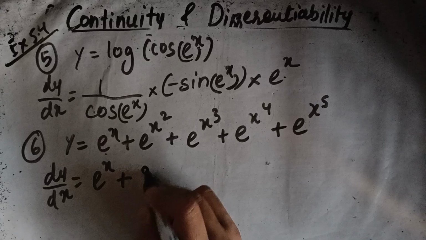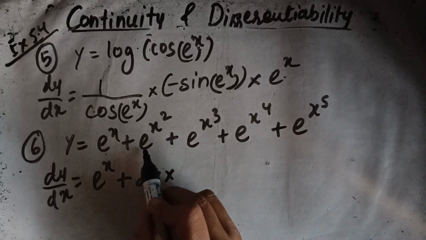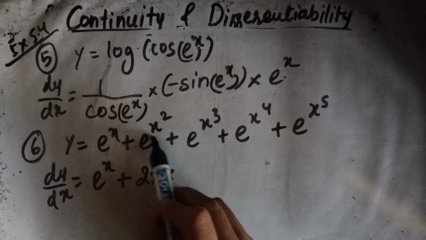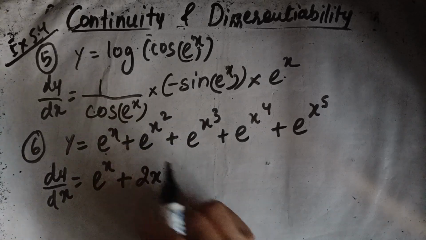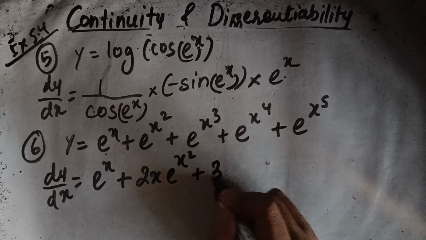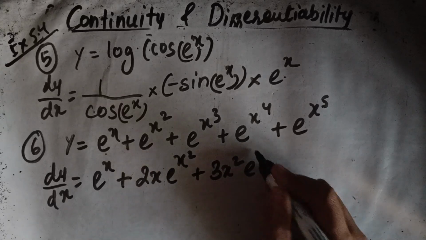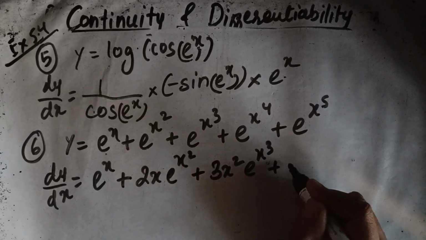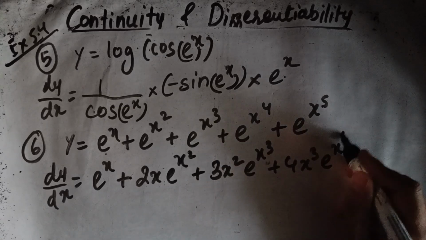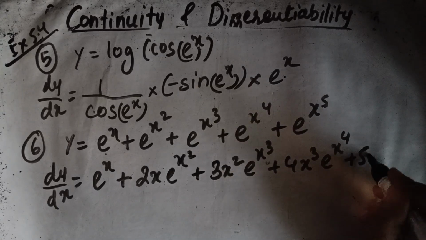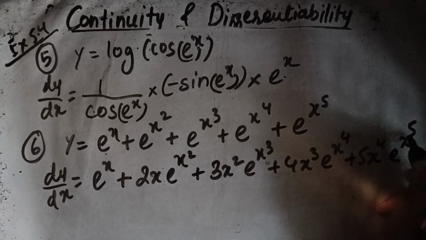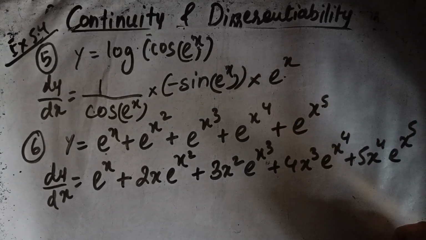That is derivative of e raised to something into derivative of this function you have to write. So this is e raised to x square. 3x square e raised to x cube. 4x cube e raised to x raised to 4. 5x raised to 4 into e raised to x raised to 5. Okay.